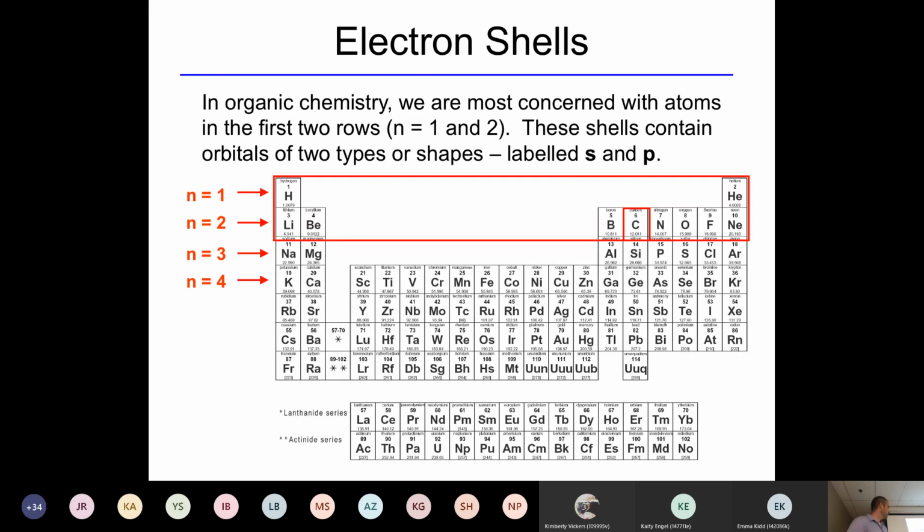The few other elements you'll probably see frequently: hydrogen for sure, nitrogen, oxygen, those are all on the first 2 rows. Outside of the first 2 rows, we'll deal with the halogens, chlorine, bromine, iodine, a little bit of phosphorus and sulfur, and maybe that's kind of it. Sodium, potassium, a couple of metals over there perhaps.